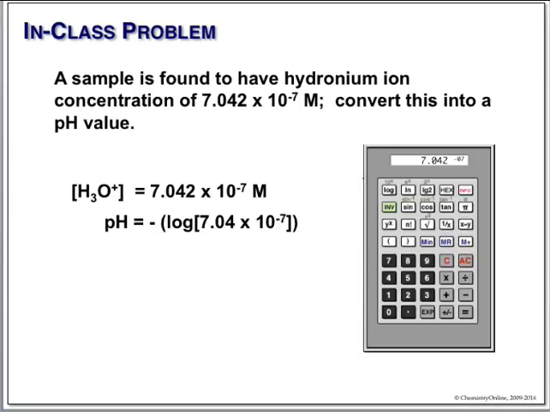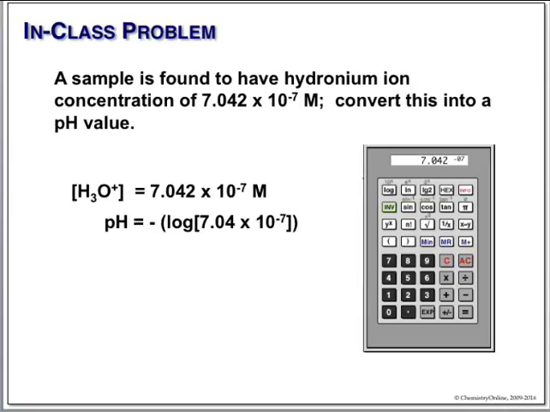I'll pause while you push your log button. Are you going to push the log button or the inverse? The log button, because you want the log of this. We're going for pH, so you're not reversing. Not anti-log, we want log.